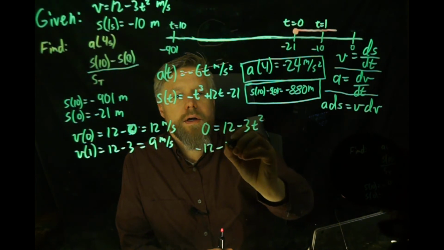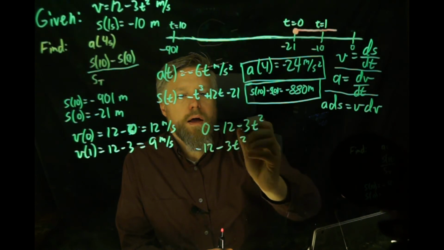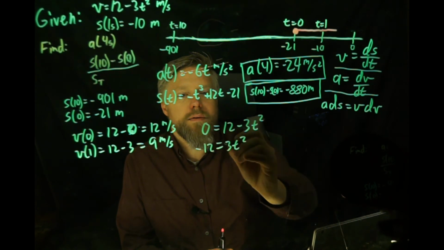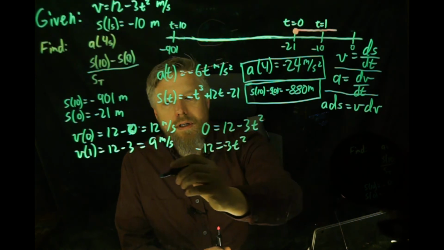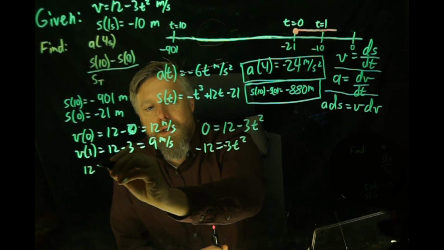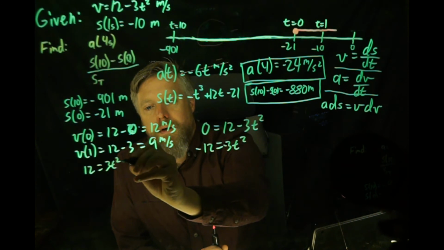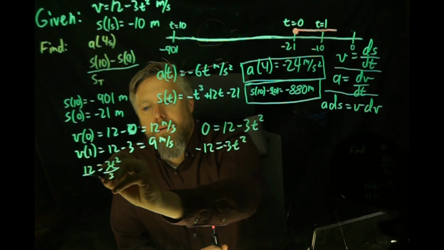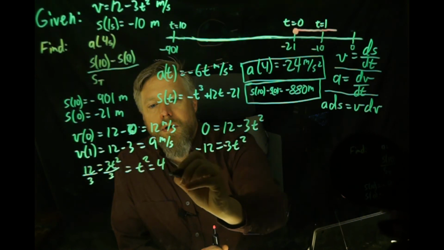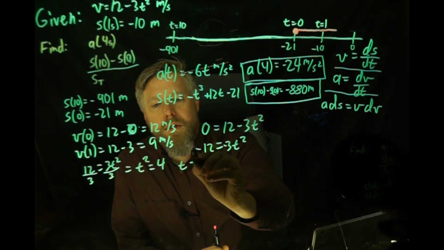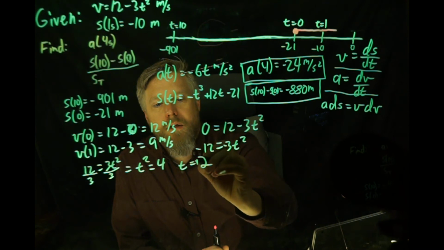I'm sorry, negative 12 equals negative 3t squared. We can make both sides positive, and we get 12 is equal to 3t squared. Divide both sides by 3, and we get t squared equals 4, or t equals plus or minus 2.